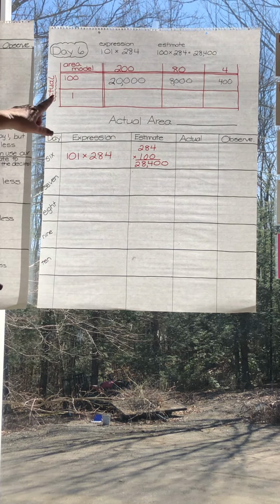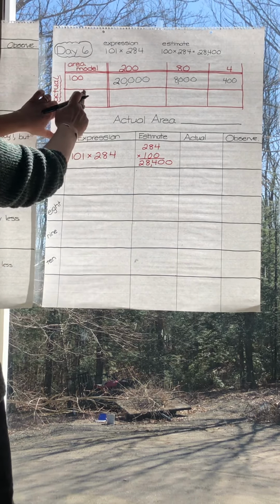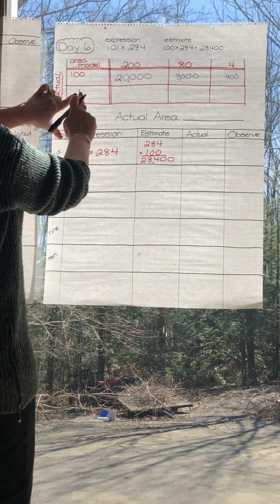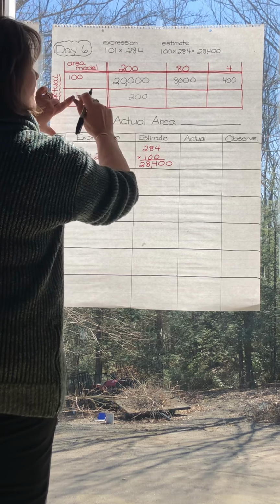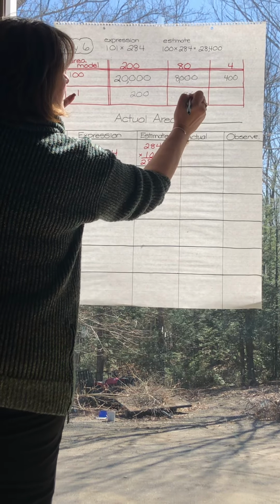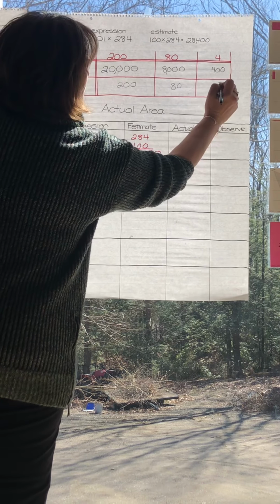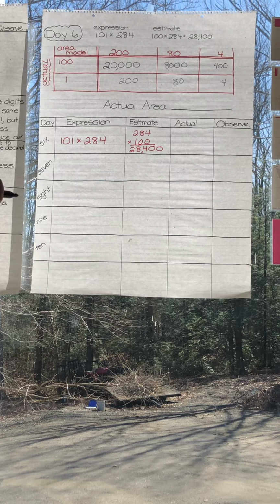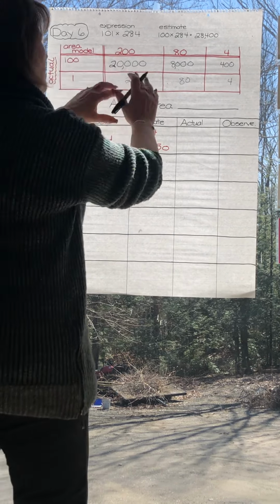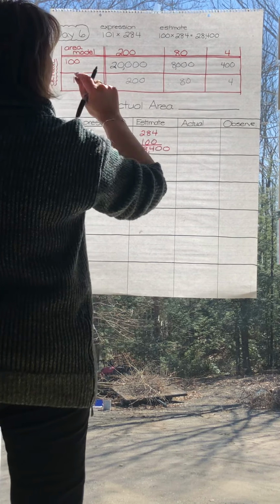Now we do the same thing with our 1. We broke this place value out, 101. So 1 times 200 is 200, 1 times 80 is 80, and 1 times 4 is 4. At this point, you can add these up any way you want. I like to go across for this one.